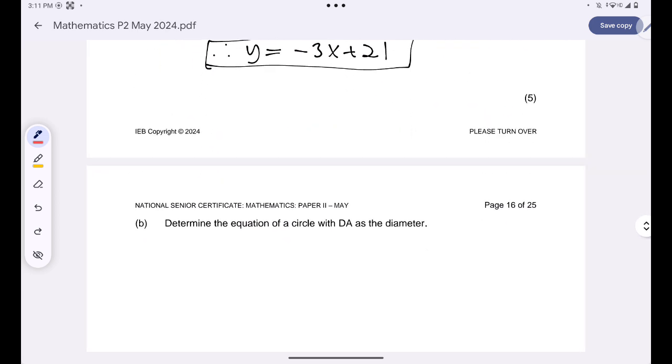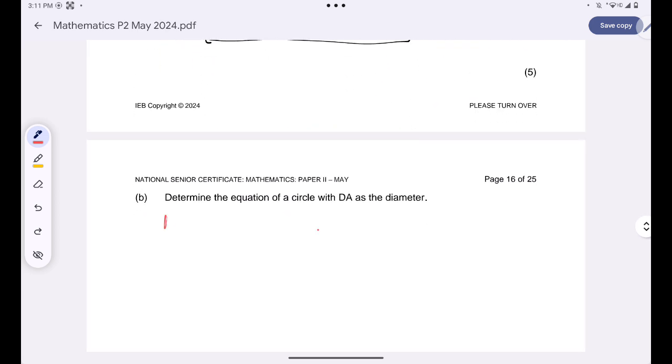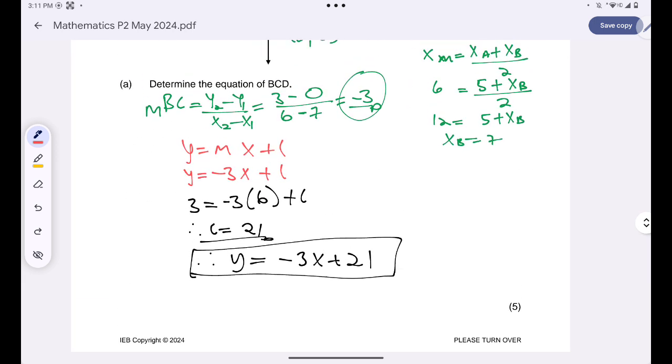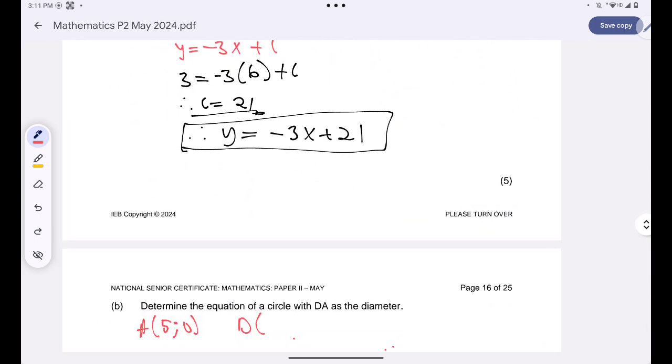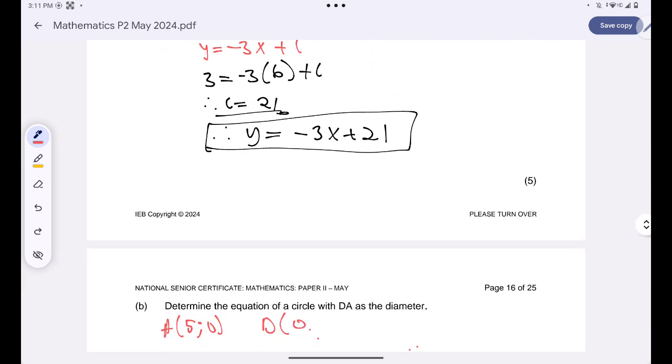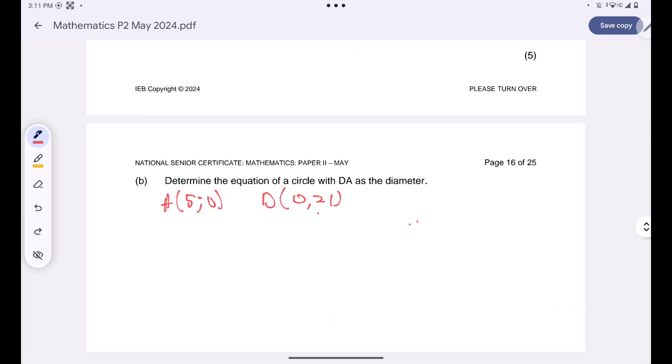Okay, the coordinates of A, I calculated A to be 5 and 0, and D, since D is the y-intercept of line BCD, it simply means that its coordinates are 0 and 21. So the first thing I need to do, I can calculate the length of AD.